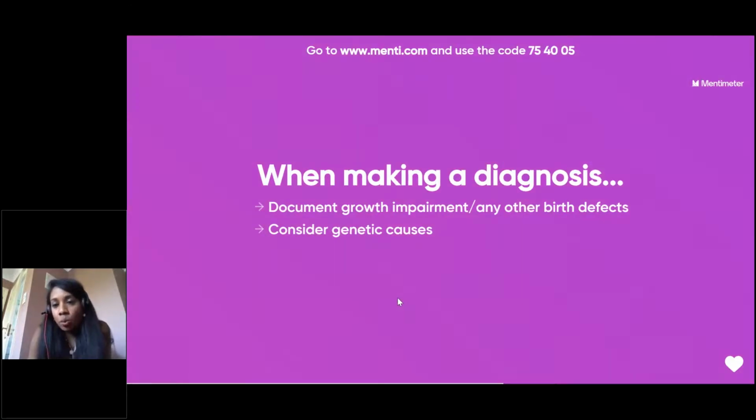And so one area that was really important was to speak to a geneticist before we can think about giving this diagnosis of fetal alcohol. She doesn't have the facial features, but she has probably all 10 of the neurodevelopmental domains. It's really important to also consider genetics.